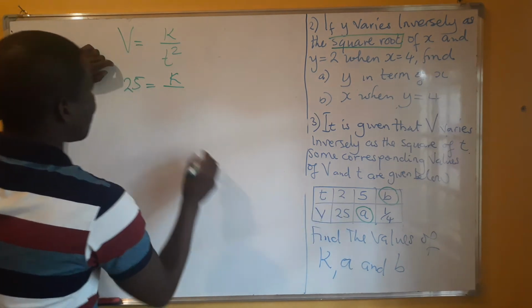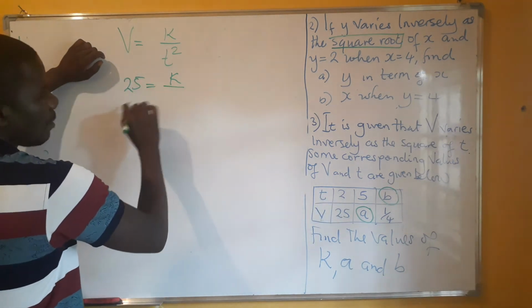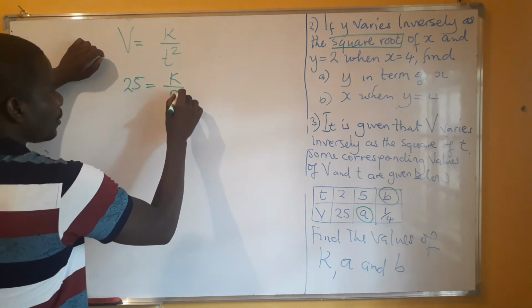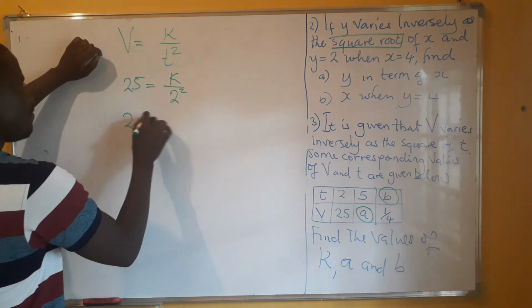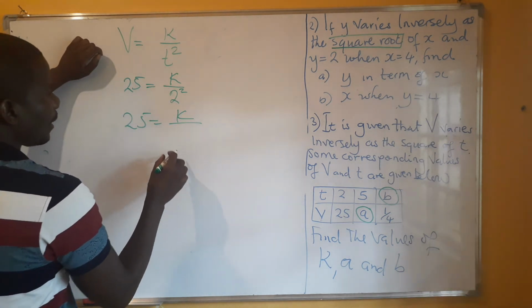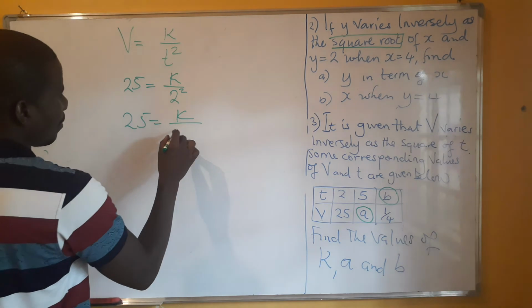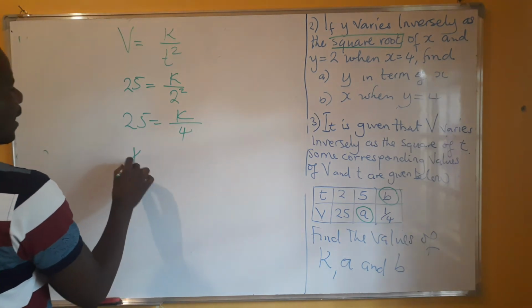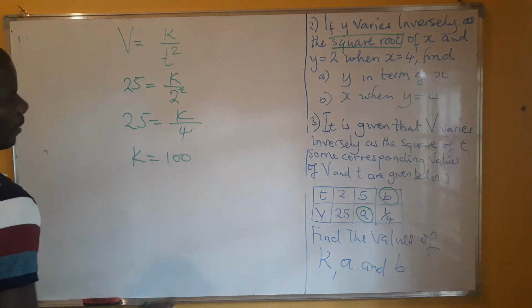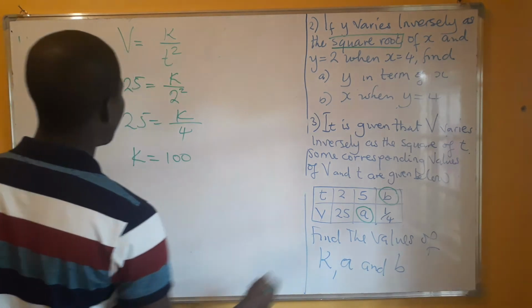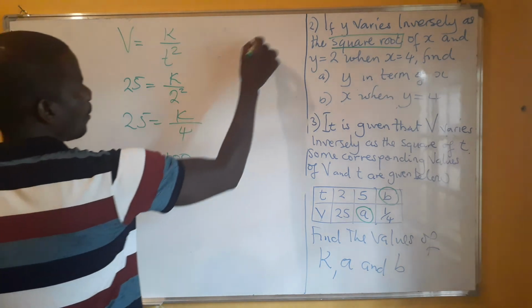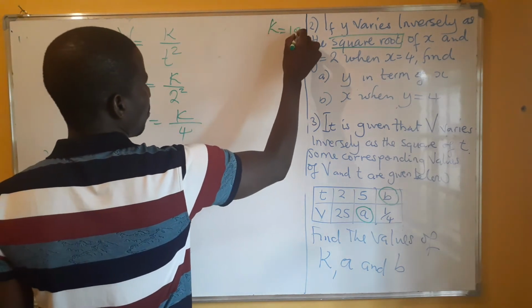So this is going to be 2 squared. So 25 is equals to k over, what do we get? We get 4. k is 100. So we have the value of k, we got it as 100.